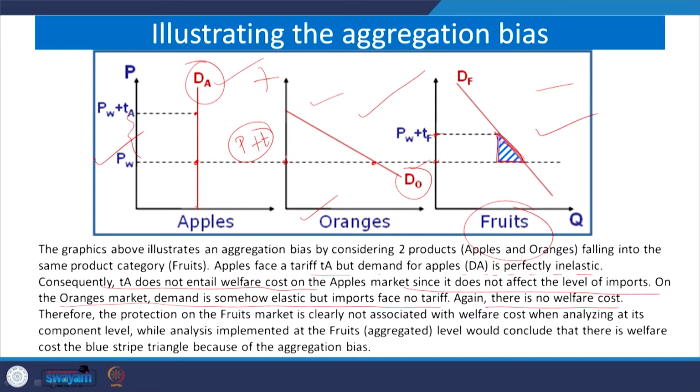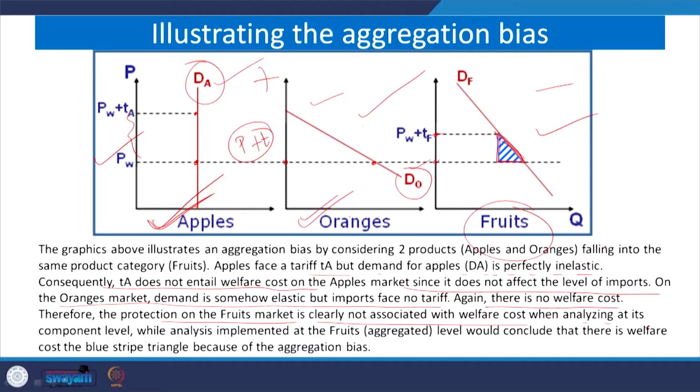So, if we aggregate both markets, protection on the fruit market as a whole is clearly not associated with welfare cost, because in the apple market there is no welfare cost, and in oranges there is no tariff, so there is no welfare cost. In the apple market there is no welfare reduction because demand is not elastic and the tariff is not demotivating their consumption.